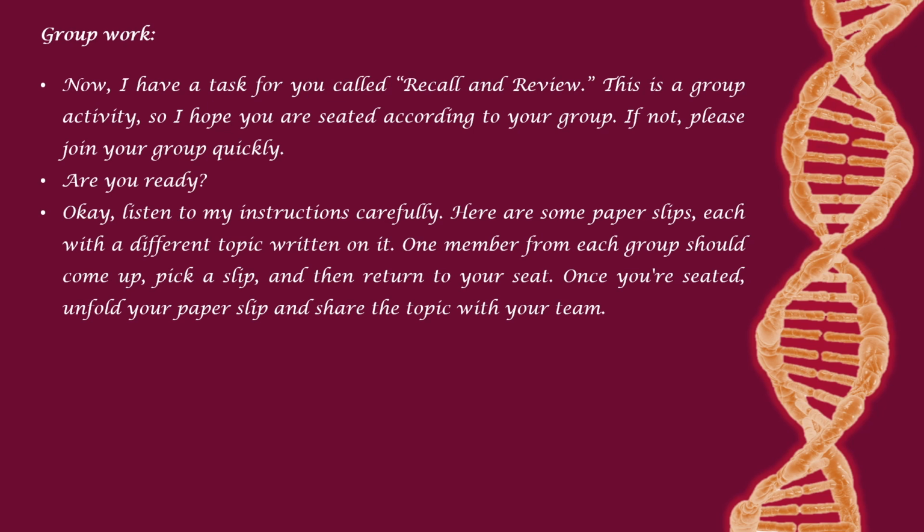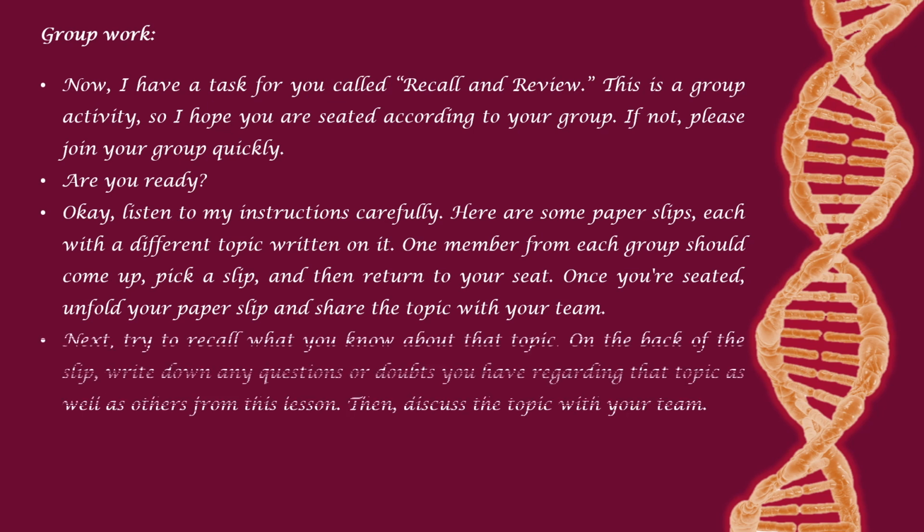Here are some paper slips, each with a different topic written on it. One member from each group should come up, pick a slip, and then return to your seat. Once you are seated, unfold your paper slip and share the topic with your team. Next, try to recall what you know about that particular topic.